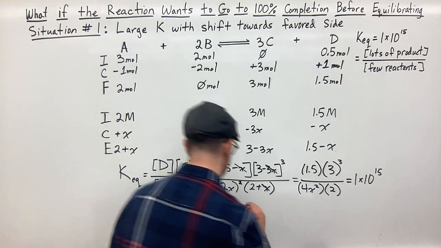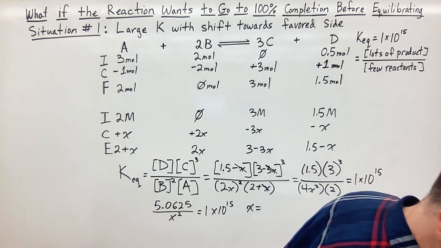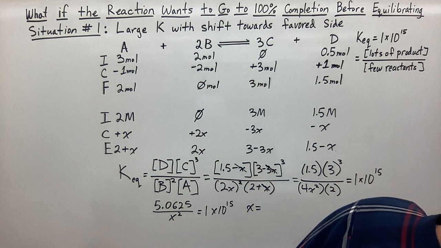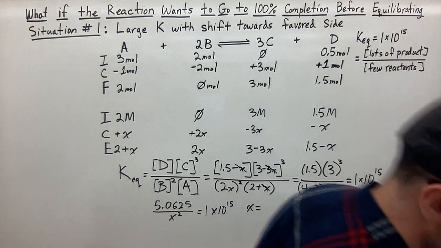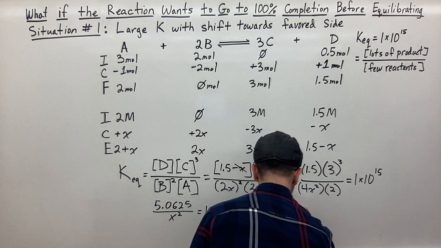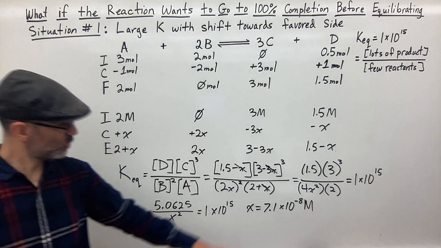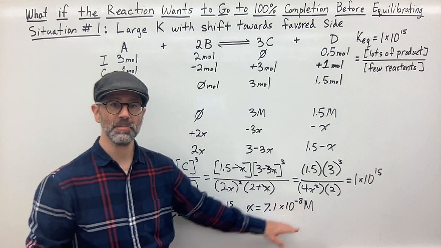Find x. When you do that, you get x is equal to, what is x equal to? 7.1 times 10 to the negative 8 molar. Okay, so there you can see that x is actually very small, right?